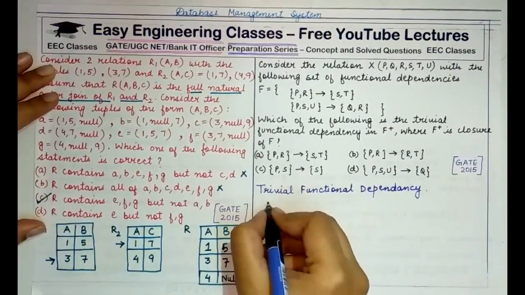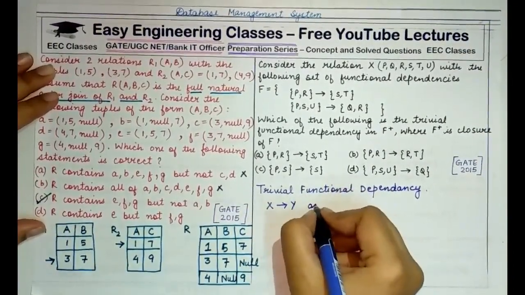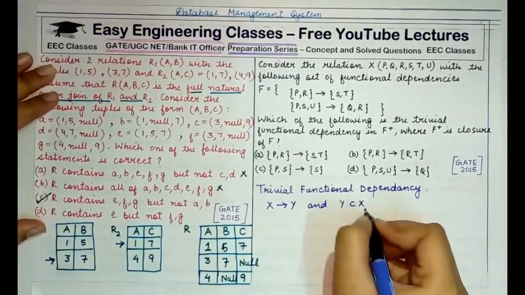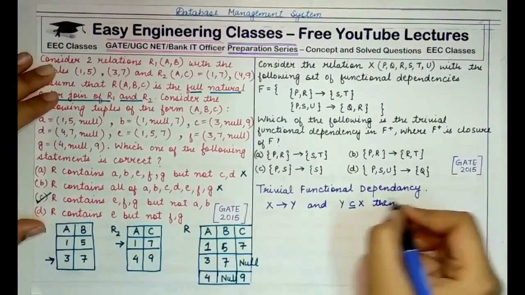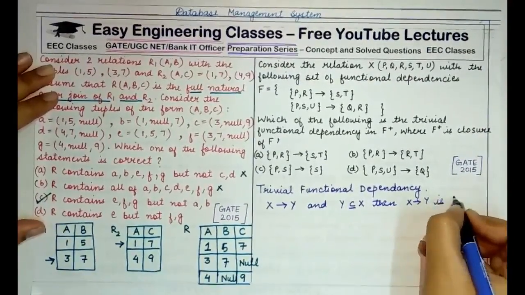So if we have a functional dependency, say X determines Y, and Y is a subset of X, then X determines Y is trivial.